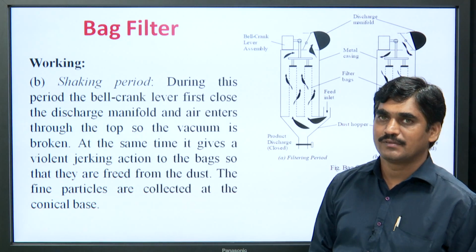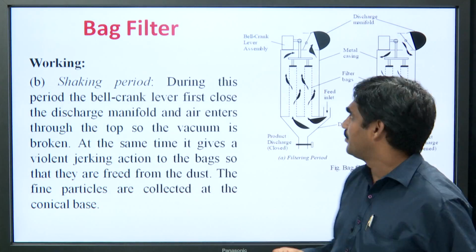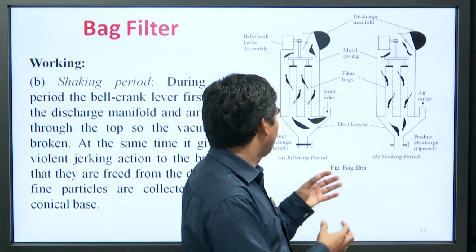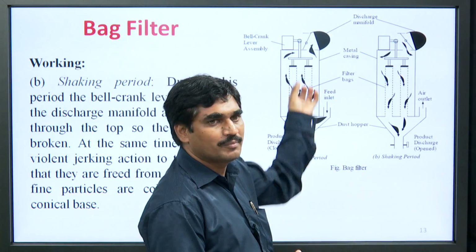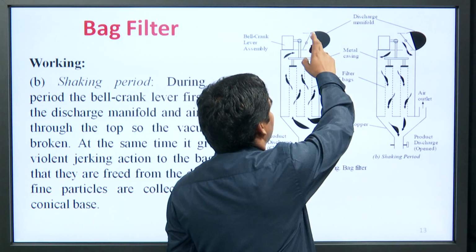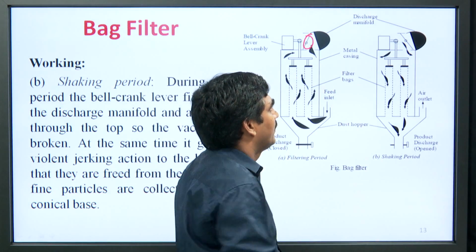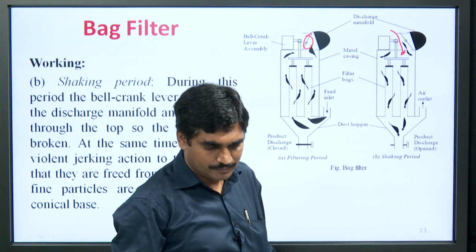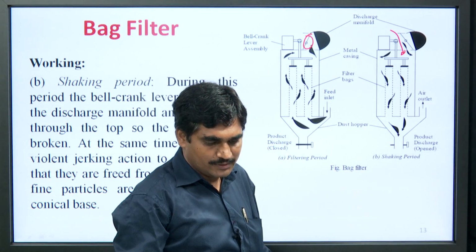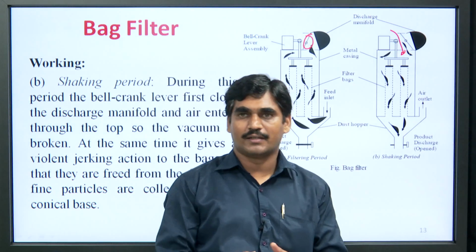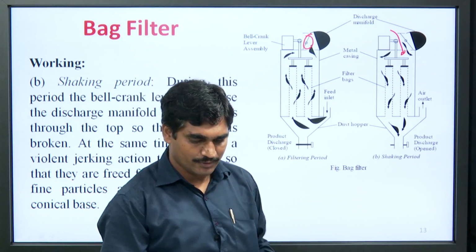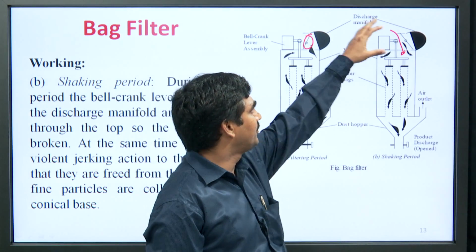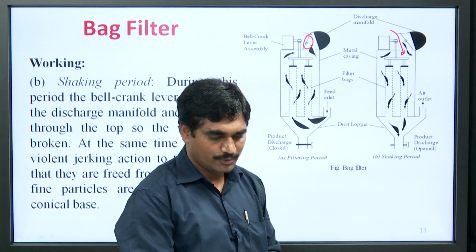Next step is the shaking period. During the filtering period we have applied suction. So, now this assembly is opened and pressure is applied. During this period the bell crank lever first closes the discharge manifold and air enters through the top of this portion, so that the vacuum is broken.